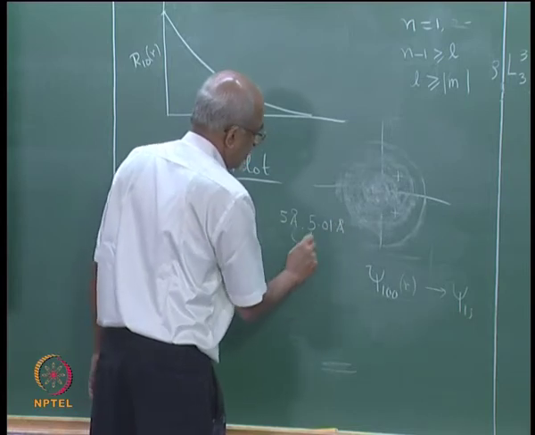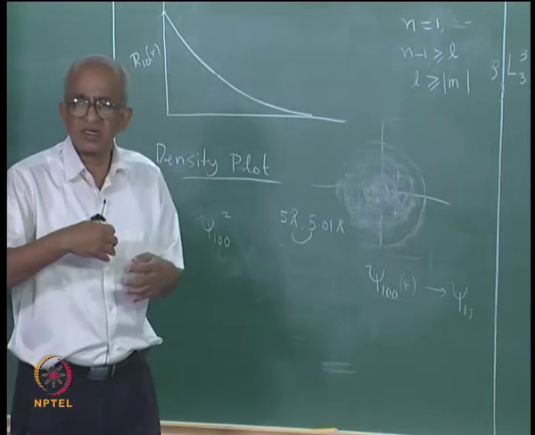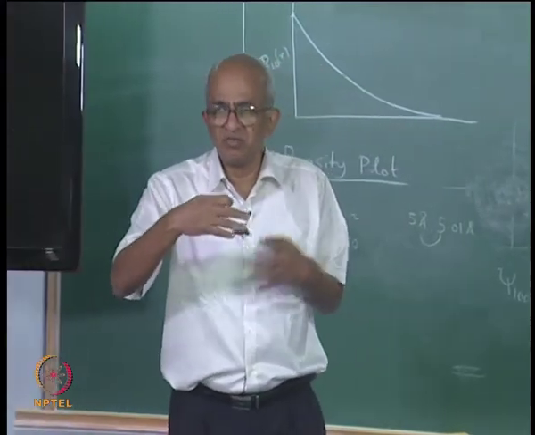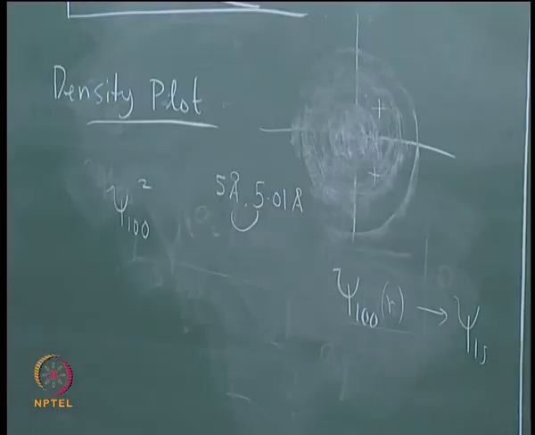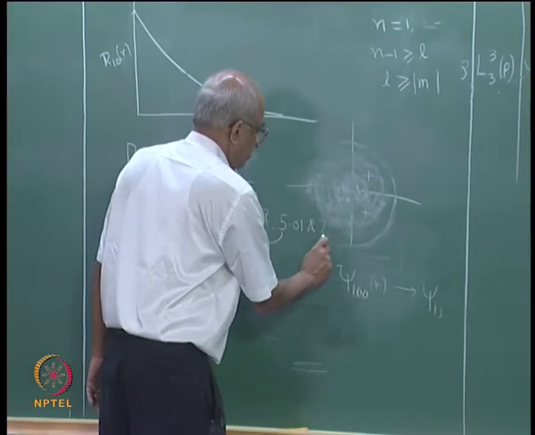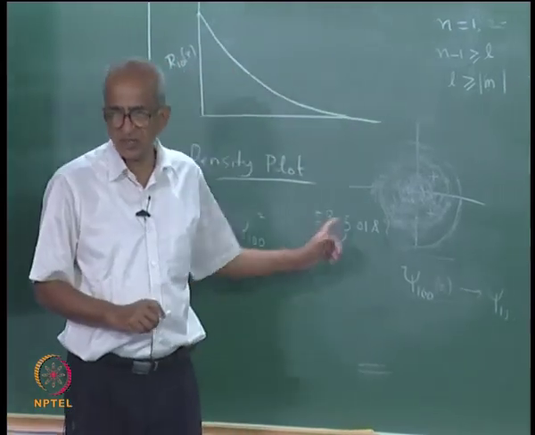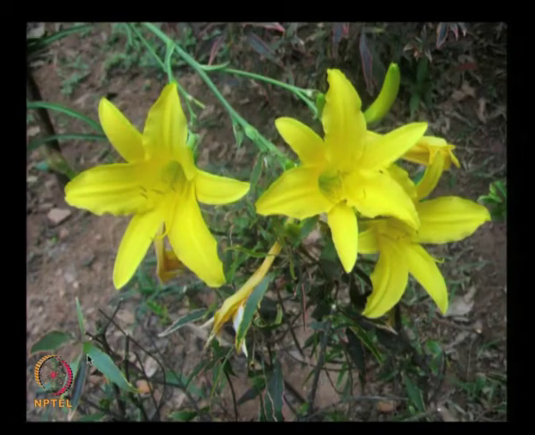What is the probability that the distance of the electron is between 5 and 5.01 angstroms? This is something that I want to calculate. I think I will stop here and continue in the next lecture with this question. Thank you for listening.